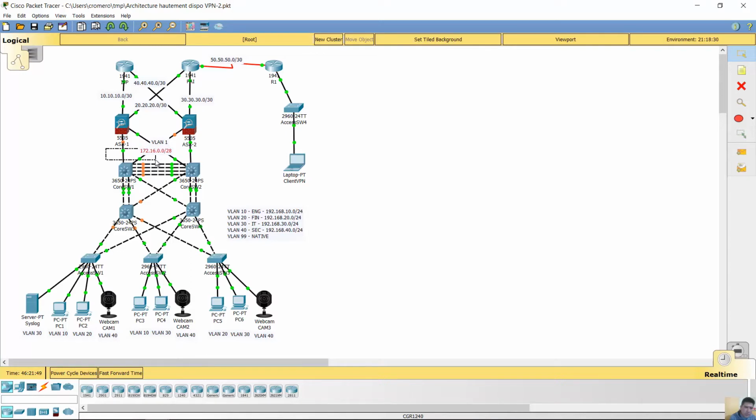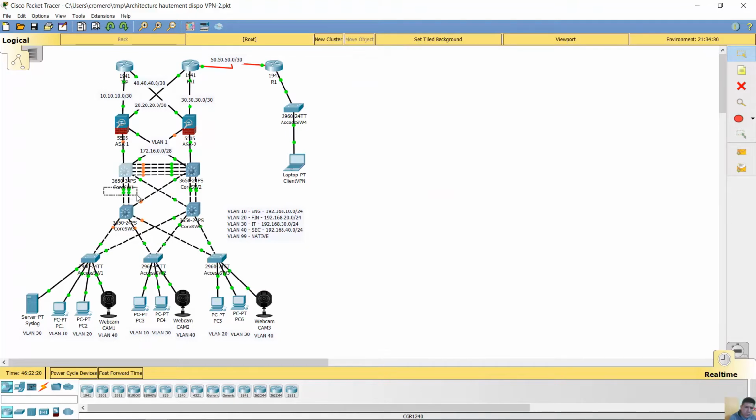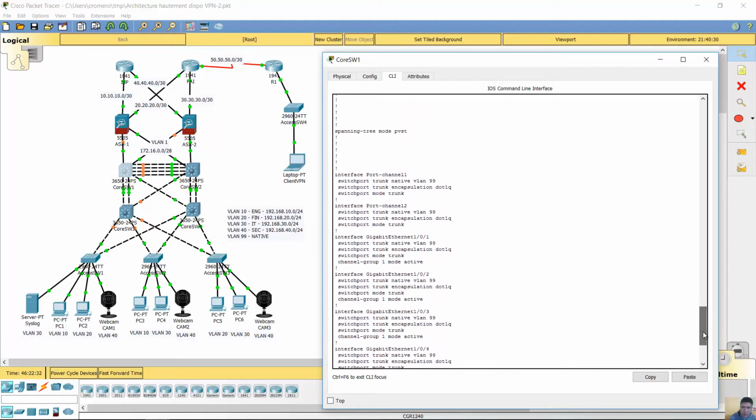These other two links connecting to the ASA are access. The trunking ports use VLAN 99, but there are two links for the EtherChannel, ports 5 and 6, channel group 2, and will form the port channel 2.